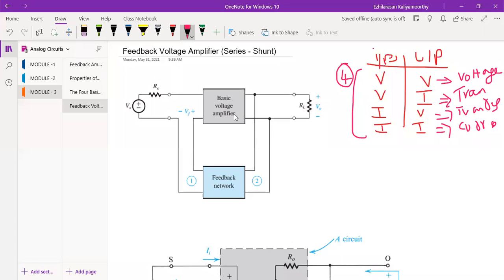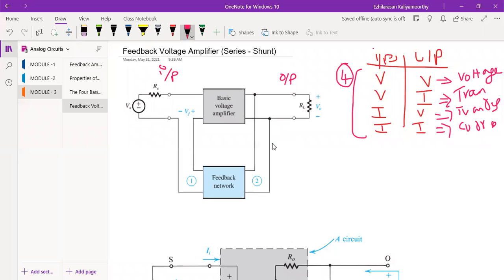Now, each and every one individually we will study. The first one is input is voltage, output also is voltage. That I can call a feedback voltage amplifier. So how will the connections be? At the input, the voltage will be in series connection. The output is shunt, that is nothing but parallel connection.